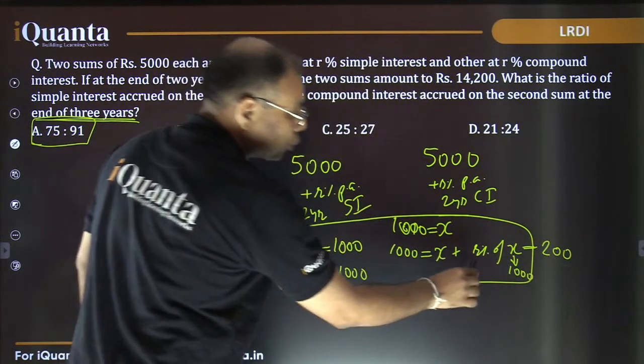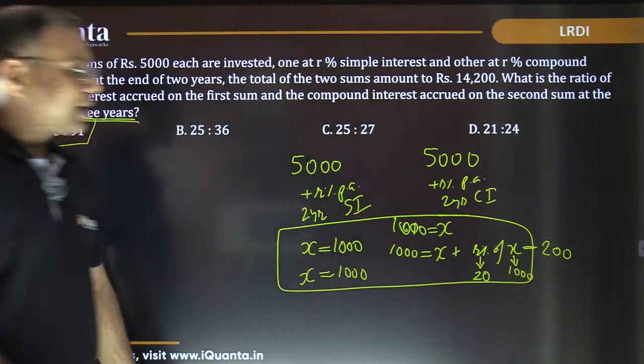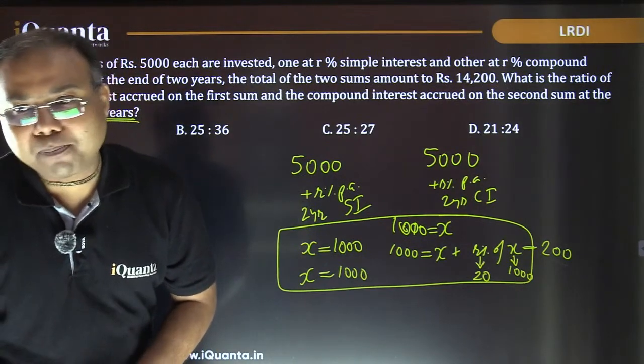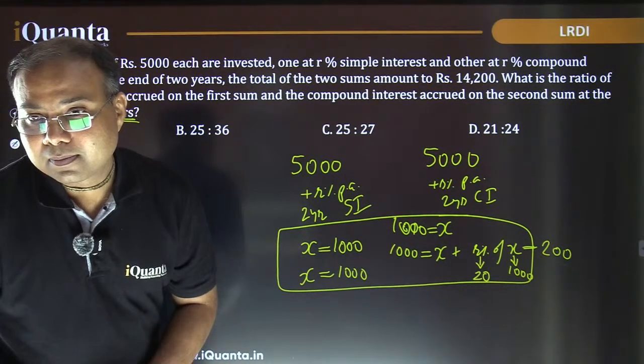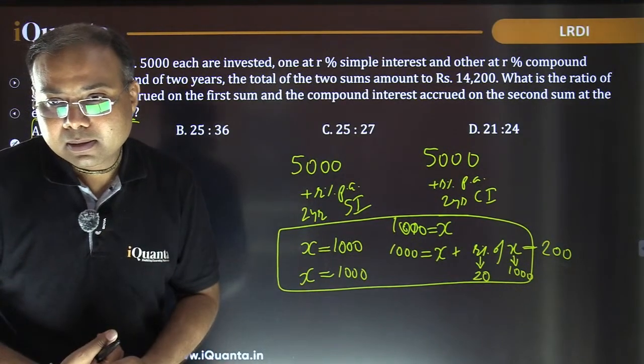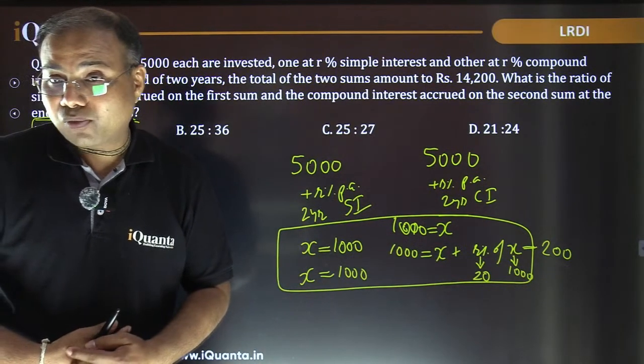So from here I got to know the value of r. R must be 20%. Is it fine? So this is a possible case here. There can be other values also, maybe. But this is a possible case which satisfies. Is it fine so far?